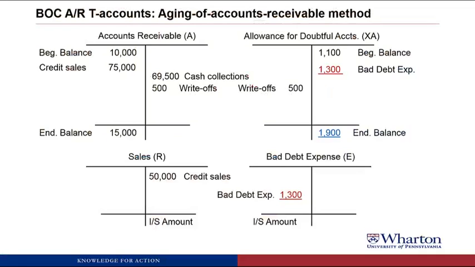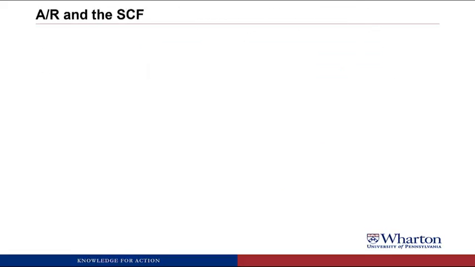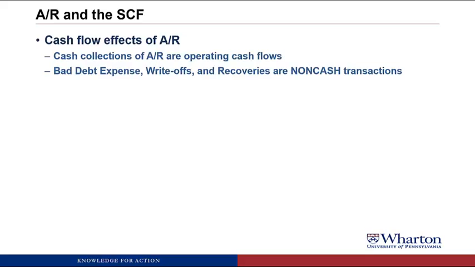There's a couple other topics related to cash flow that I want to make sure I talk about. Next is how accounts receivable and these allowances and bad debts show up on the statement of cash flows. So obviously, cash collections of accounts receivable are going to be operating cash flows, but the bad debt expense, the write-offs, and any recoveries are non-cash transactions.